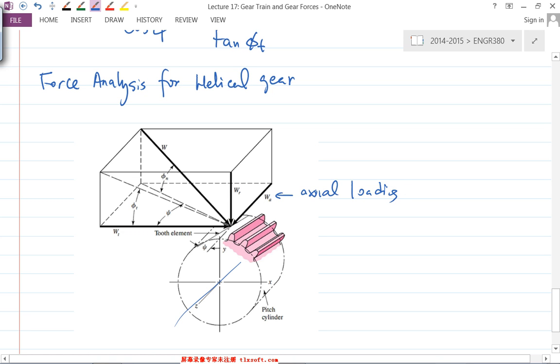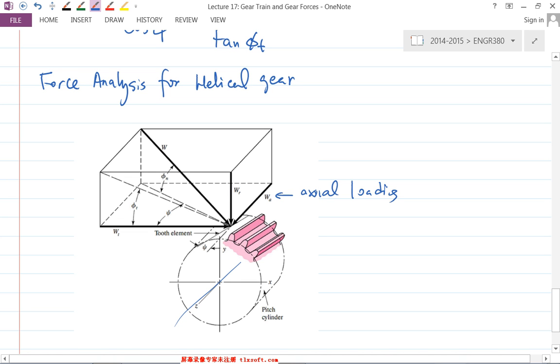It's like you have a shaft here, and a force trying to push the shaft in this axial direction. If you have a force pushing this way, you're going to need something to stop the shaft from being pushed away. That something is going to be the bearing, a bearing that can carry certain thrust load.